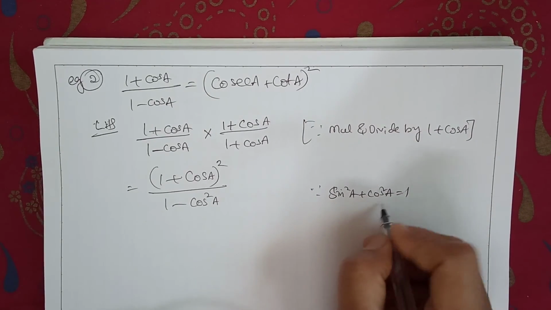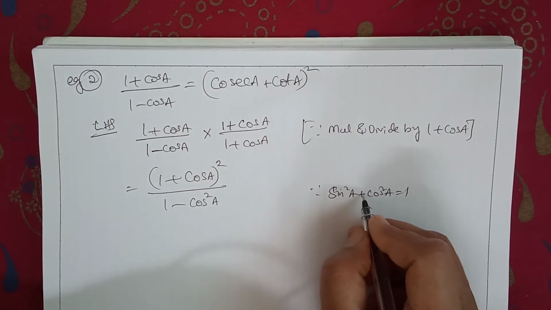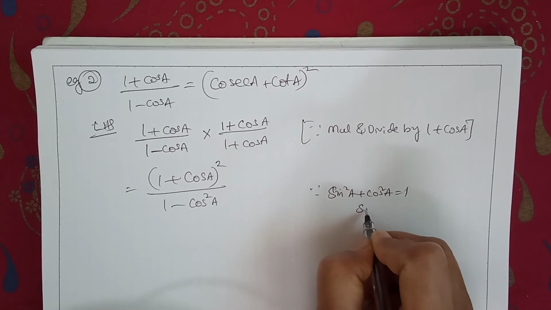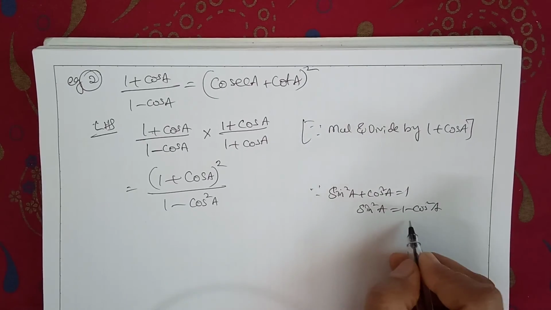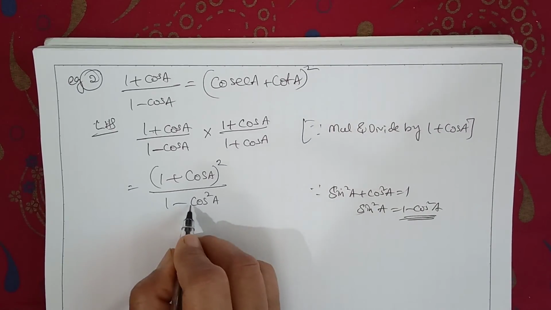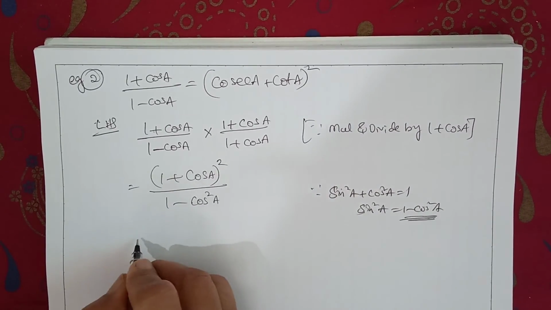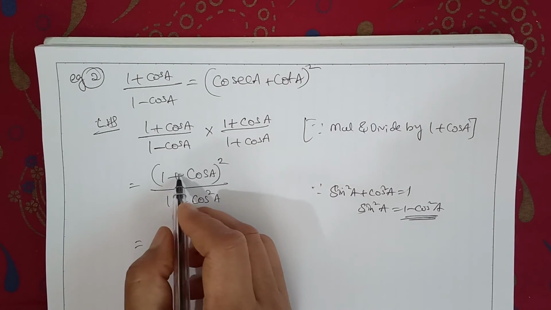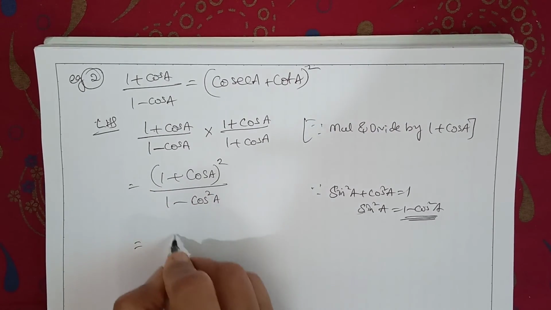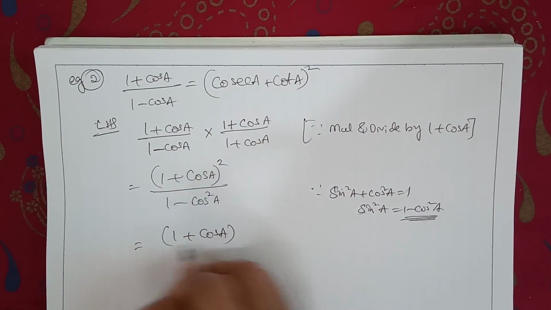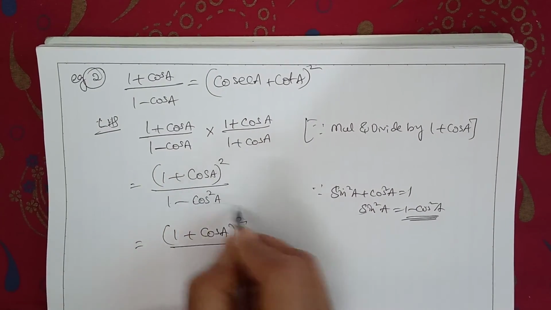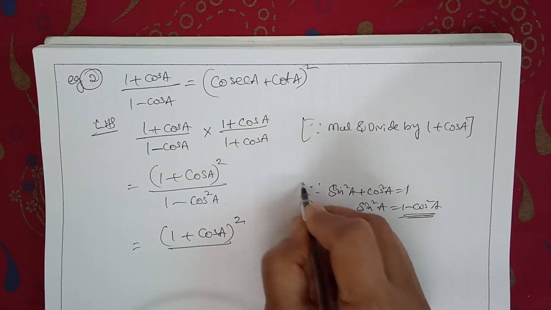From that I explained to you 1 minus sin square A equals cos square A, and 1 minus cos square A equals sin square A. So 1 minus cos square A, how can I write here? Sin square A. So (1 plus cos A) whole square by sin square A.